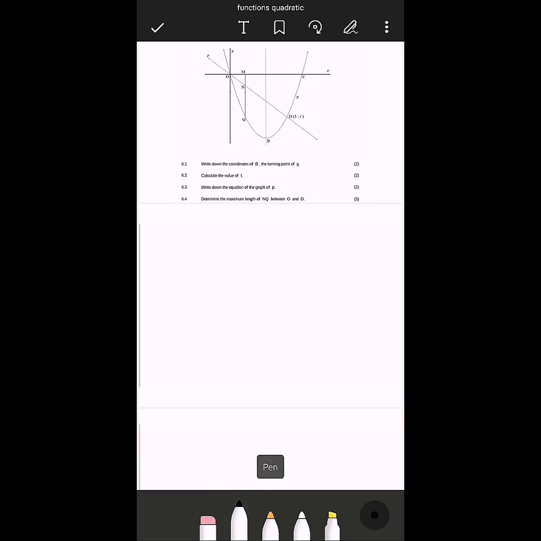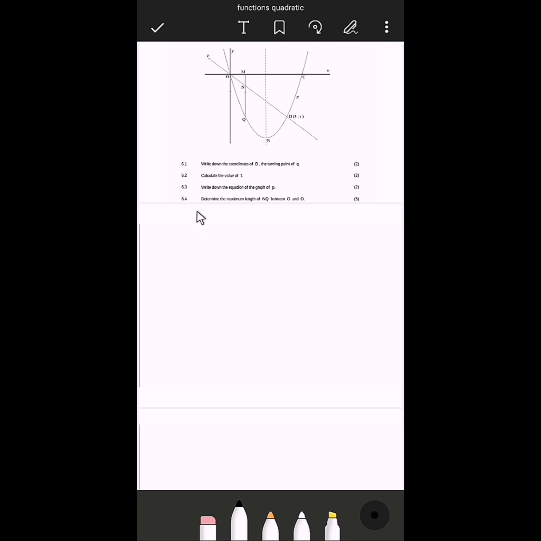O and C are the x-intercepts of g, and B is the turning point of g. p(x) = mx + q passes through O and D. M and Q is parallel to the y-axis, with N and Q on the graphs of p and g respectively. Okay, so we're going to look at 6.1, and it reads, write down the coordinates of B, the turning point of g.